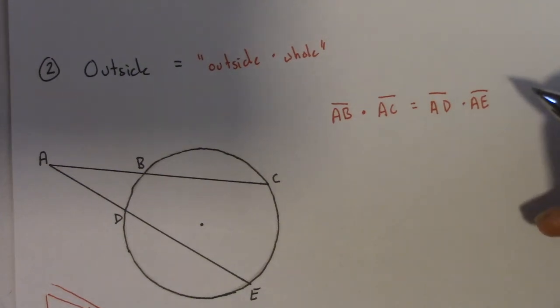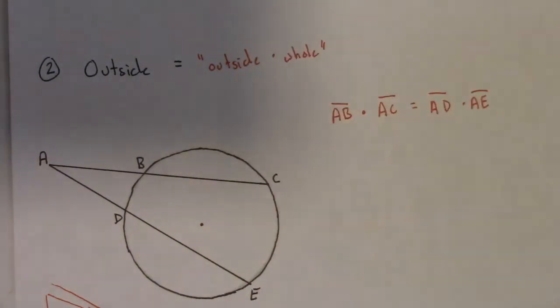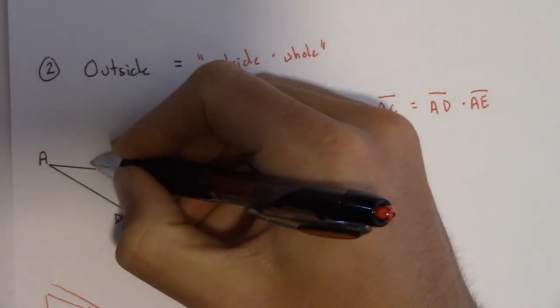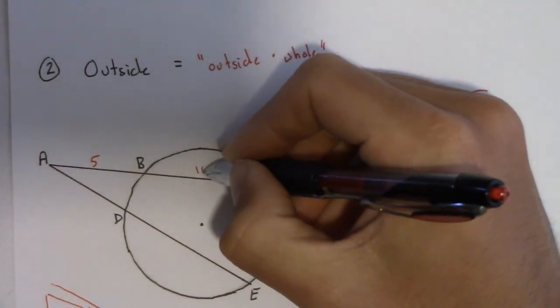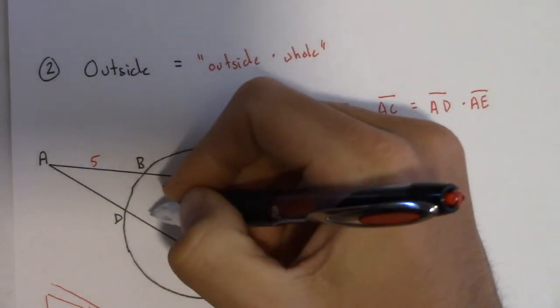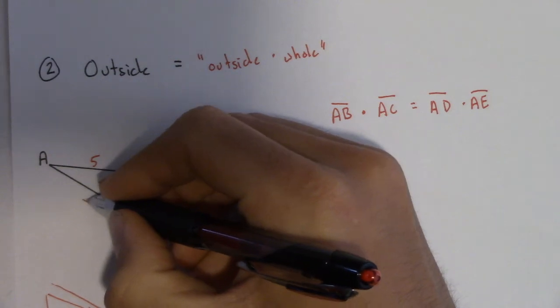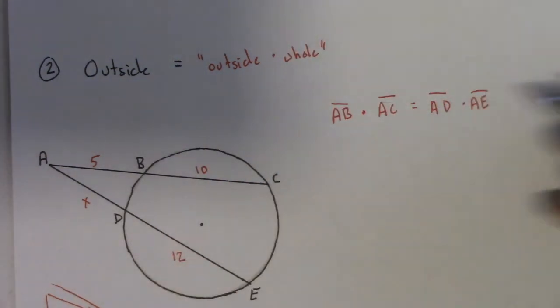Now let me think of a few numbers so we can do a demo for this. Let's just keep this simple. Let's do 5 and 10 again. That worked out pretty well. 5 and 10, and then we'll make this X, and this, we'll just make it 12, why not?